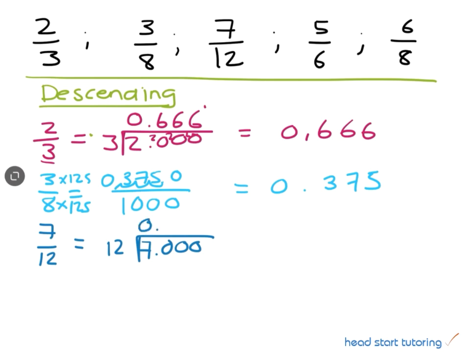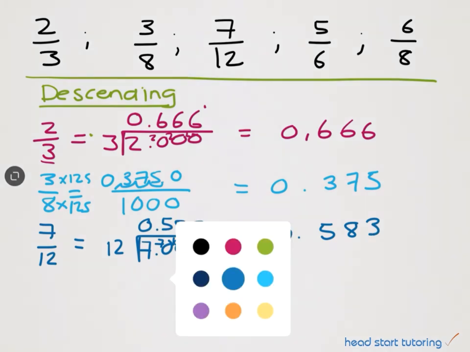We put a 0 there to indicate that and bring up our decimal point. 12 into 70 fits 5 times. 5 times 12 is 60, so we've got a remainder of 10, so we carry our 10 over. 12 into 100 fits 8 times. 8 times 12 is 96, so there's a remainder of 4. 12 into 40 fits 3 times, and let's just leave it as 3 decimal places, so we've got 0.583 there.